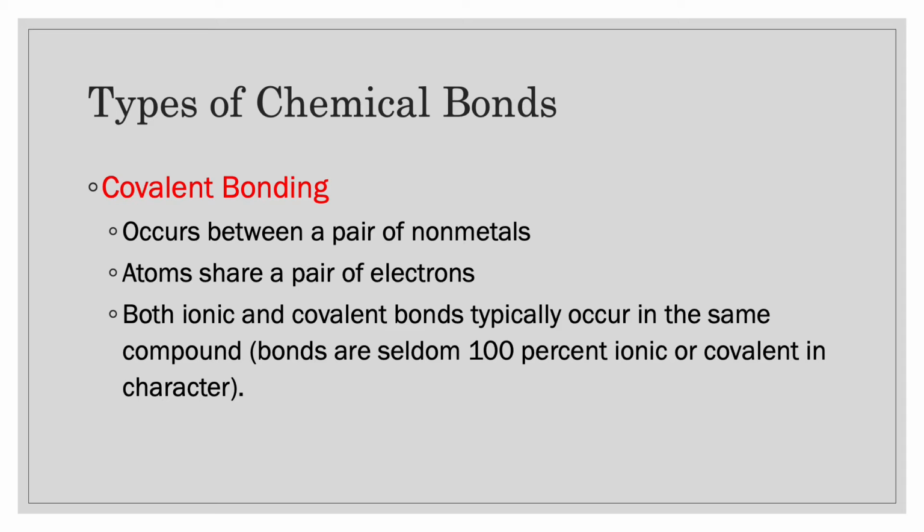You could think of it as they have to be pretty close to one another for the electrons to actually be around both of the atoms and filling their outermost electron shell, or they're filling their valence electrons to a number of 8.